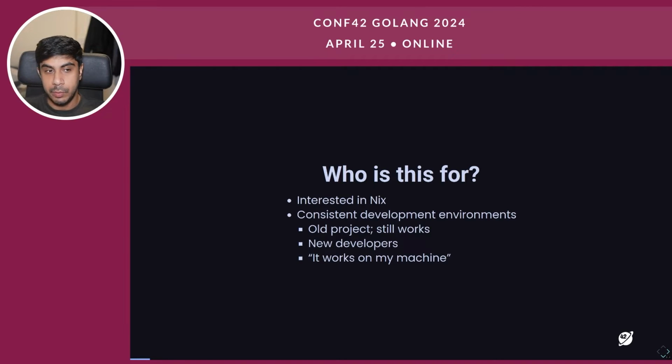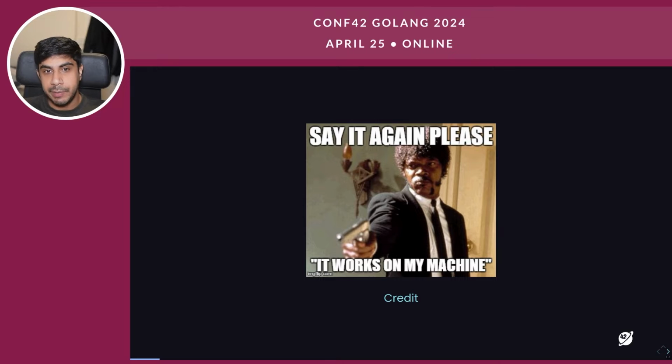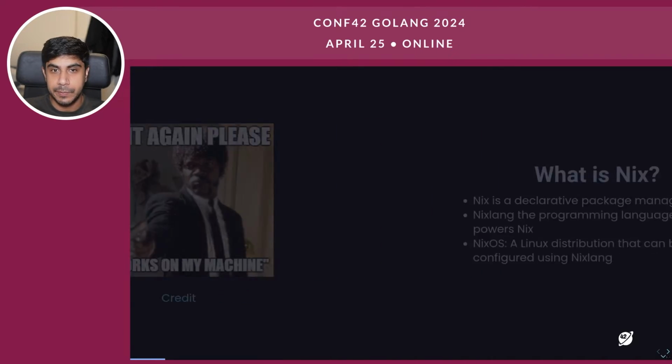Then also, we don't just want things to work on our machine, we want them to work everywhere we run this. So whether that be locally, CI, or even your various environments, production, dev, etc. And we don't want to annoy Samuel Jackson, do we? We want it to work everywhere. We don't want it to just work on our machine.